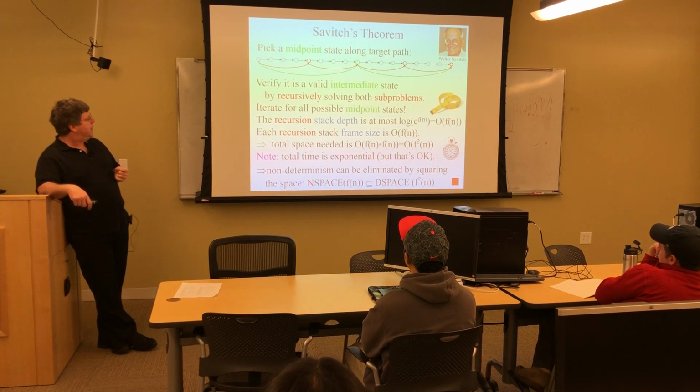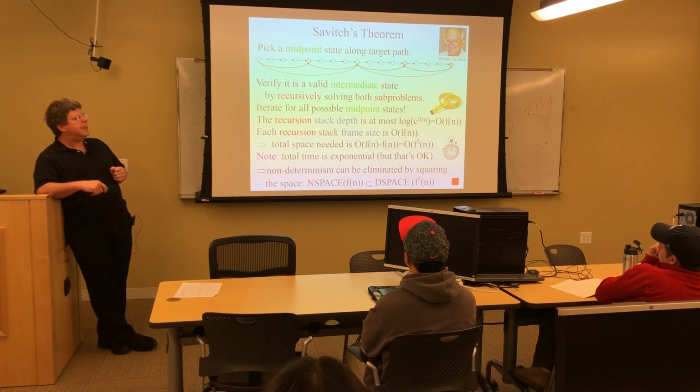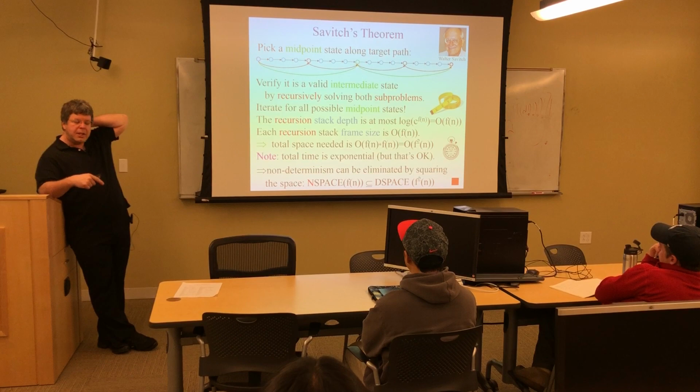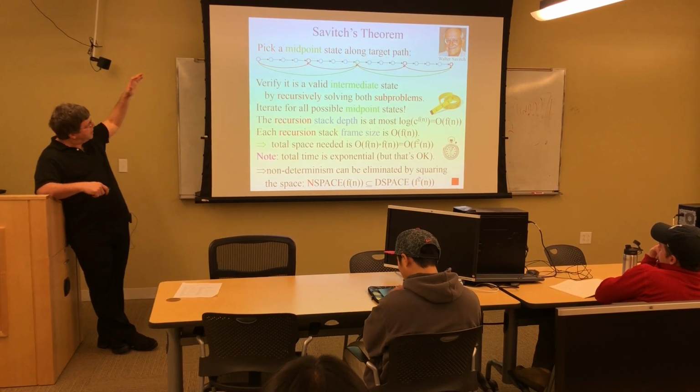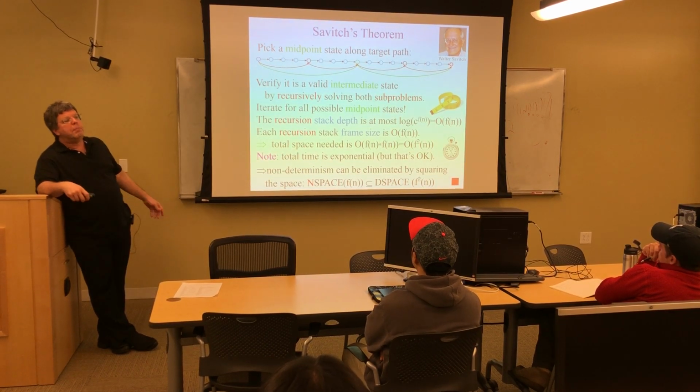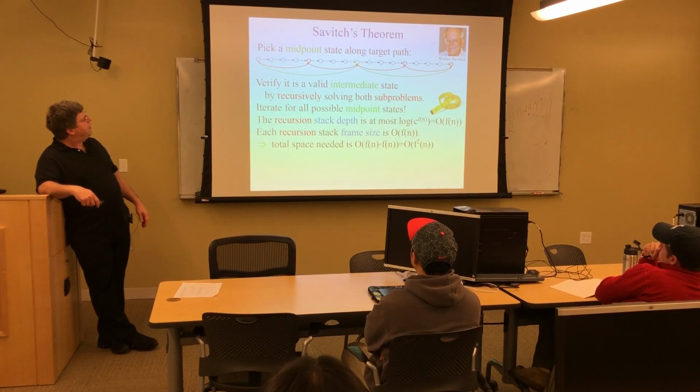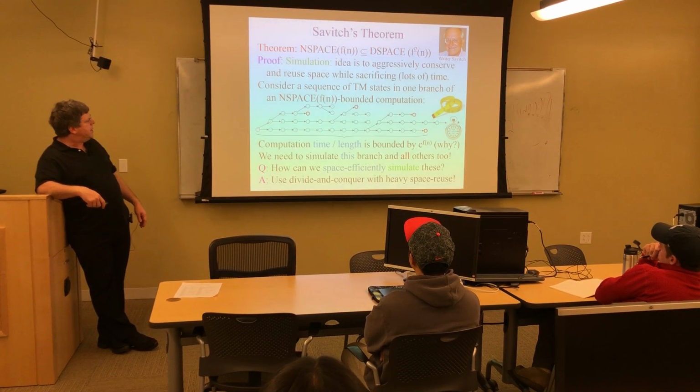But it works. And so anything that you can do in space f non-deterministically, you can do in space f squared deterministically. Because this simulation is deterministic. You're trying all possibilities. So what have you done here in this non-deterministic computation?